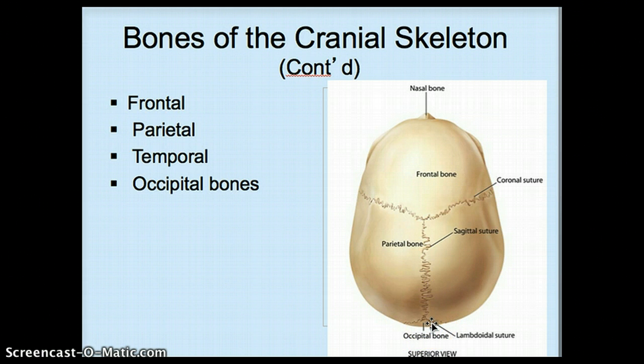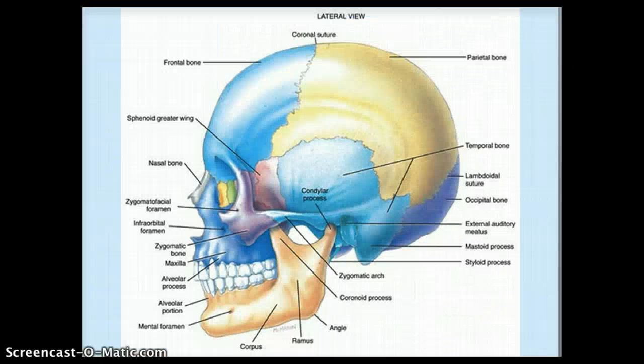And again, these are lying on top of the lobes of the brain with corresponding names. So here's a lateral view where you can see the frontal bone, the parietal bone, the temporal bone here, and the occipital bone here in the back.